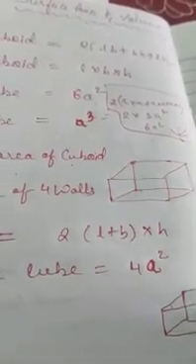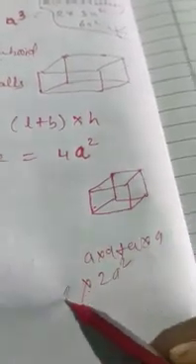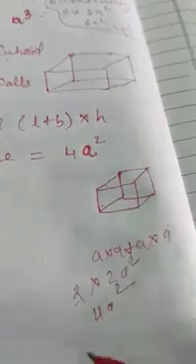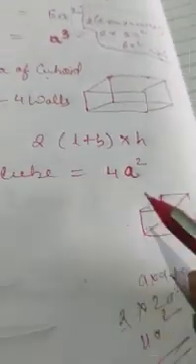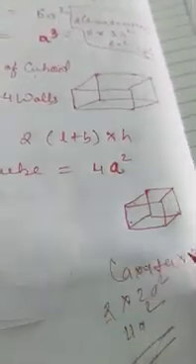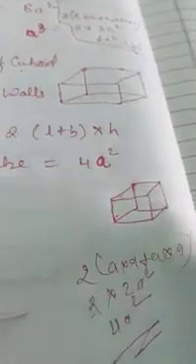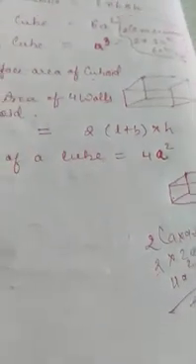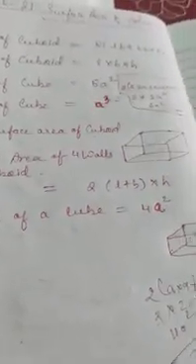So here I will write a into a plus a into a, because upper and lower parts are removed, only lateral surface area, this middle part will be left. So 2a square into twice, 2 twos are 4a square. Okay, so lateral surface area of a cube is 4a square. Okay, children, this is the formula.